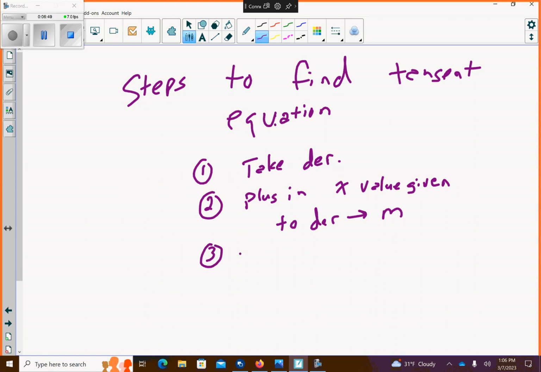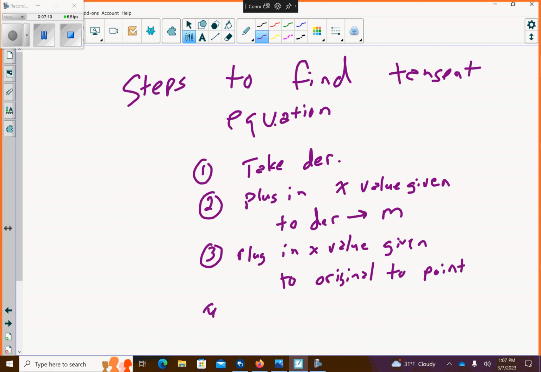Third step, plug the given x value into the original to get the point. Then plug in the number 3 point and the number 2 slope.